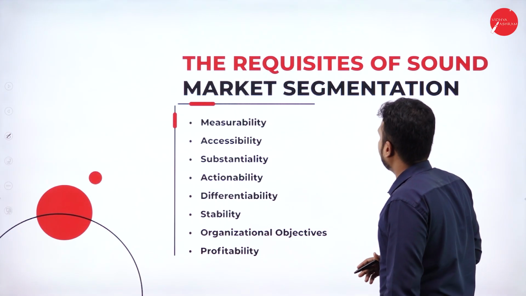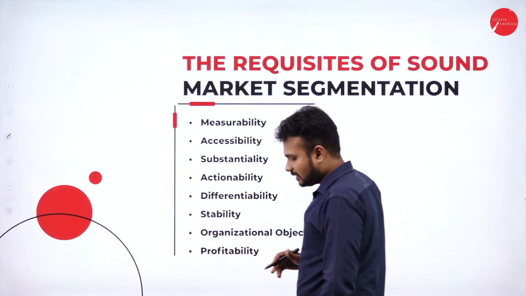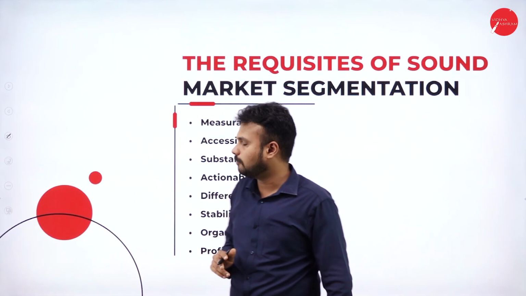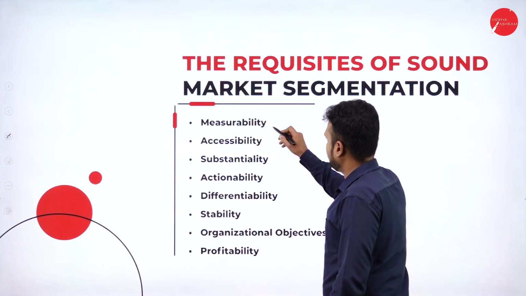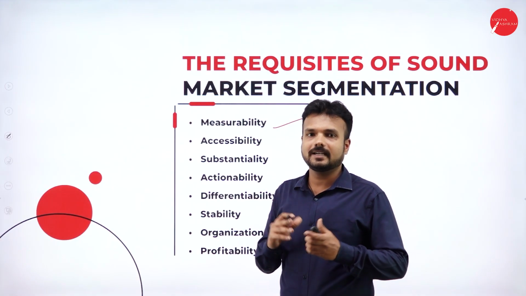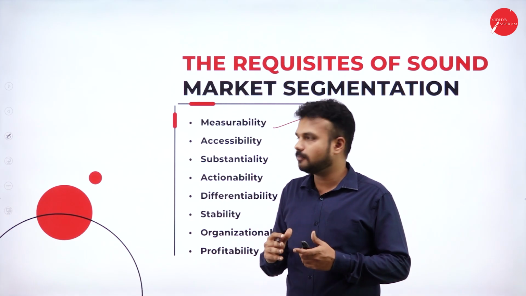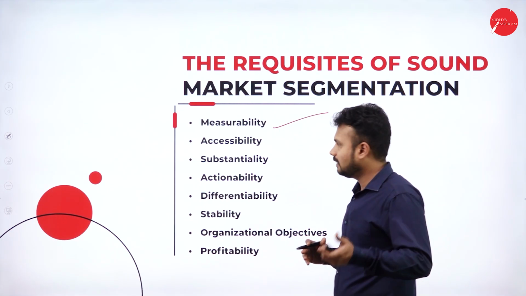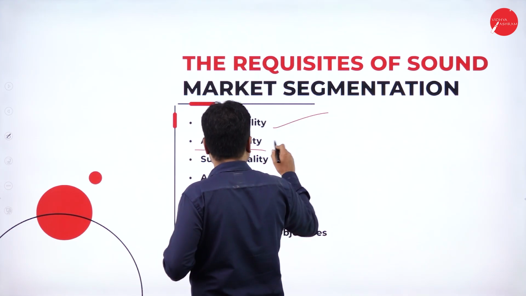The requisites of sound market segmentation. There are certain requisites that we need to consider for sound market segmentation. Measurability. Whatever the things that we are going to take decisions regarding, it must be measurable in nature. It should not be immeasurable. Accessibility.